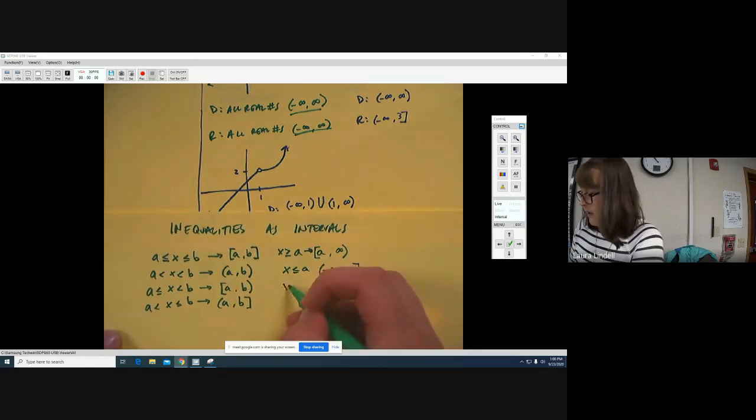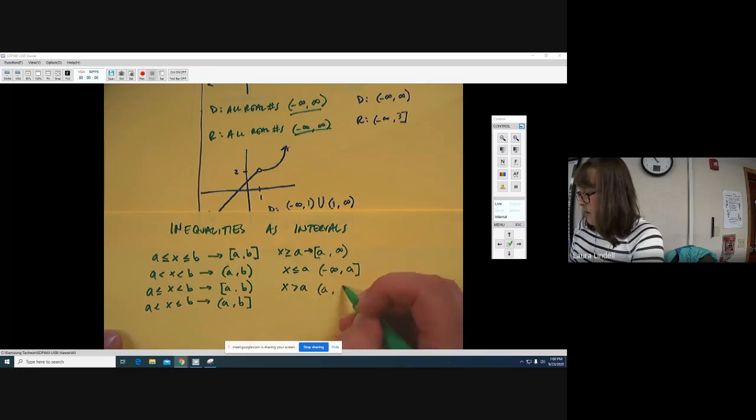If I have x strictly greater than some value, then it's an open interval here. If it's strictly less than, then it's an open interval.